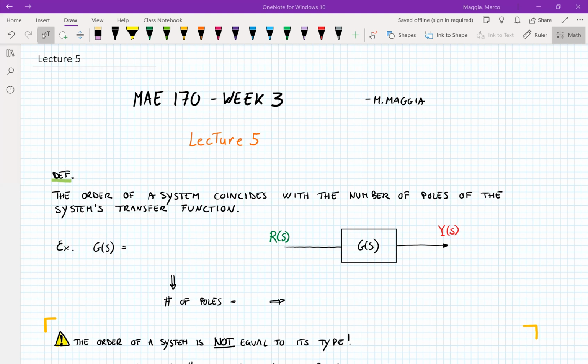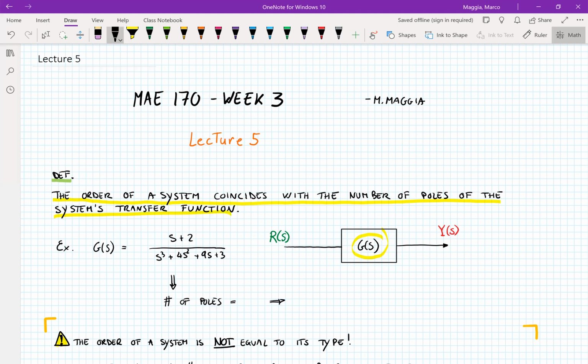All right, before tackling second order systems, we have to understand how we define the order of a system. Well, that's pretty easy because the order of the system coincides with the number of poles of the system's transfer function. So if we have a certain system described by the transfer function G of s, for instance, and let's say that this G of s is s plus 2 over s cubed plus 4s squared plus 9s plus 3.